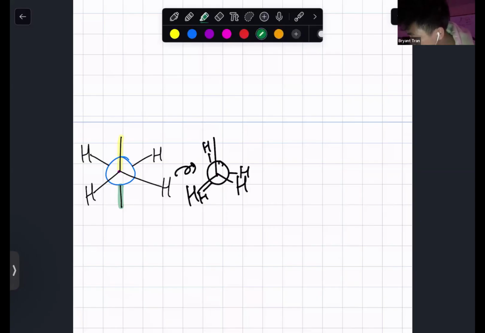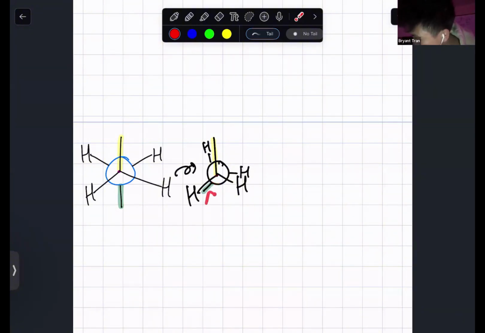And I'm going to highlight the bulkiest groups to keep track of everything. This is the yellow methyl group on the front carbon. This is going to be the green methyl group of the back carbon right there. And be careful of how you draw the groups coming out of the back carbon, right? Make sure to start it from the big circle. Don't start it from the center, like that.